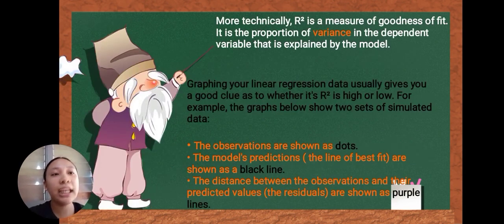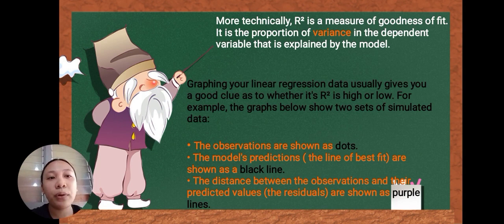More technically, R-squared is a measure of goodness of fit. It is the proportion of variance in the dependent variable that is explained by the model. Graphing your linear regression data usually gives you a good clue as to whether its R-squared is high or low.